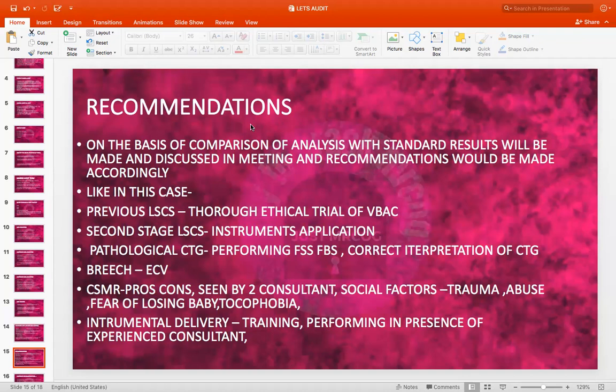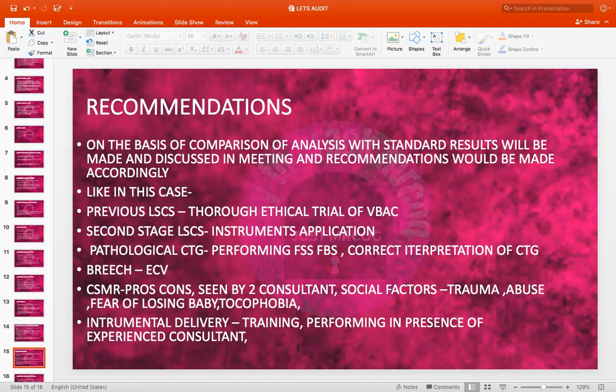Like in this cesarean case, previous cesarean, thorough and ethical trial of VBAC. So these are the recommendations given after going through the analysis of 6 months or 50 cases. And then we compared with the standard, that is the NICE guideline. So whatever interpretation or result we got, we made these recommendations.